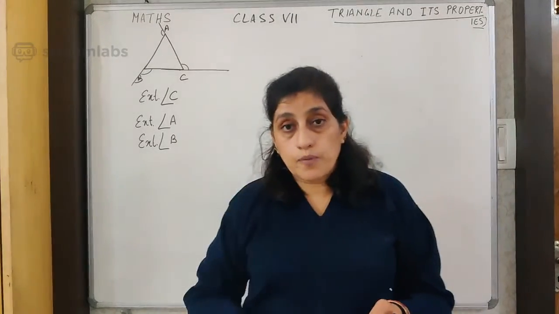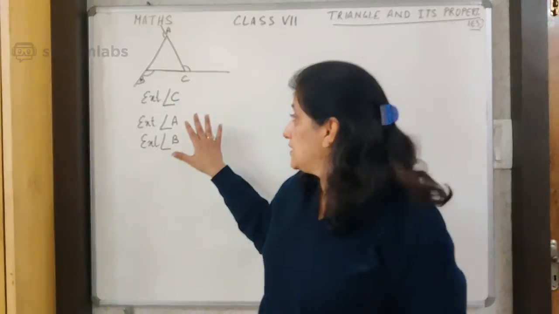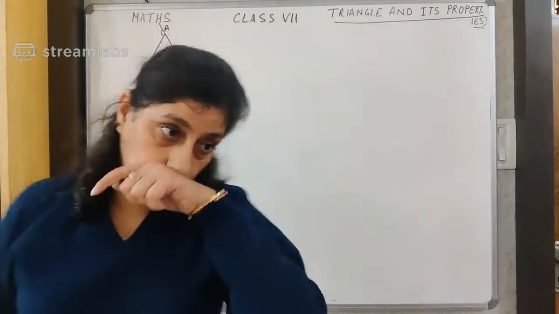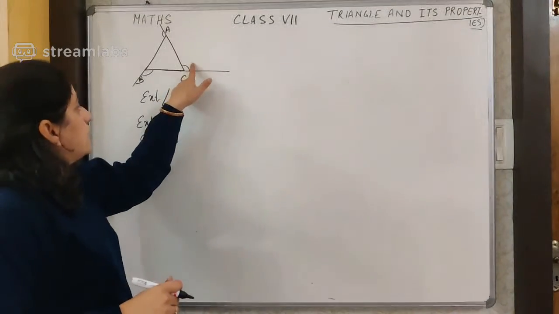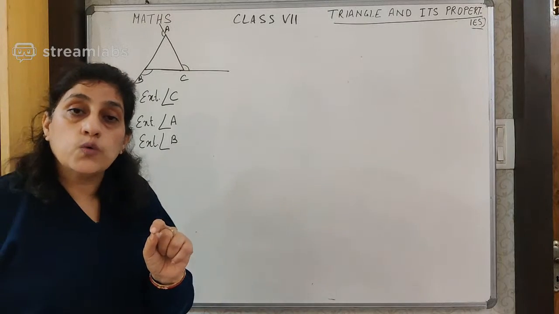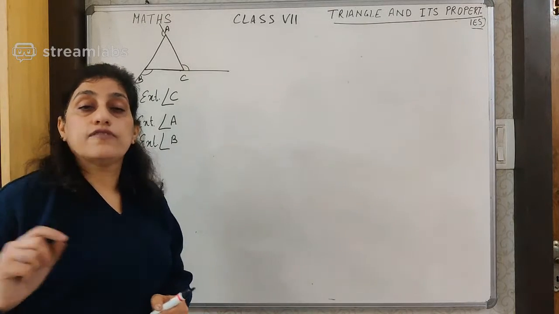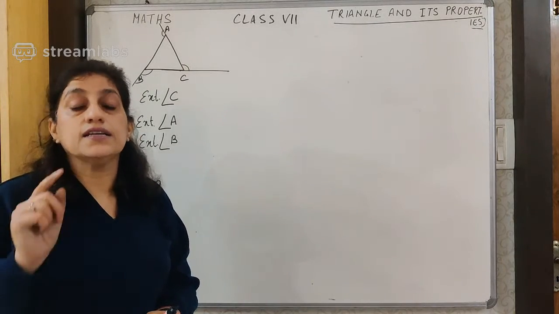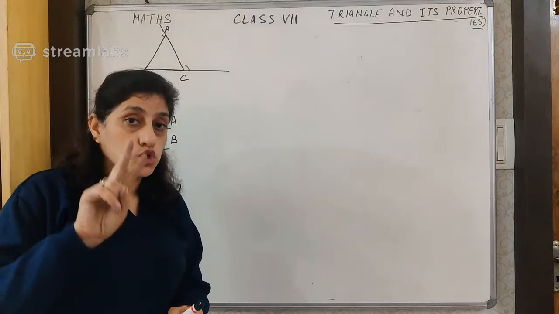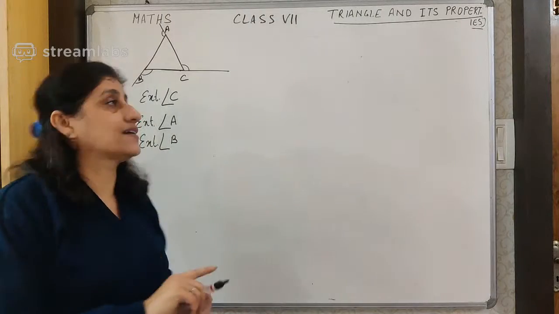Now, this is the identification of the exterior angle. Now the property. Listen very carefully: the value of any exterior angle is equal to the sum of the opposite two interior angles.